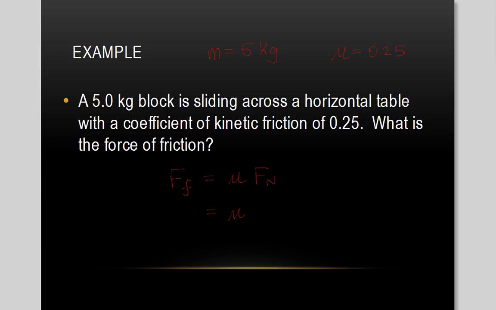And Fn, if you looked at your free body diagram, what would Fn be the same as? Fg. So you can replace Fn with Fg. And Fg, if you recall from yesterday, has a formula of mg. So it's just mu mg.